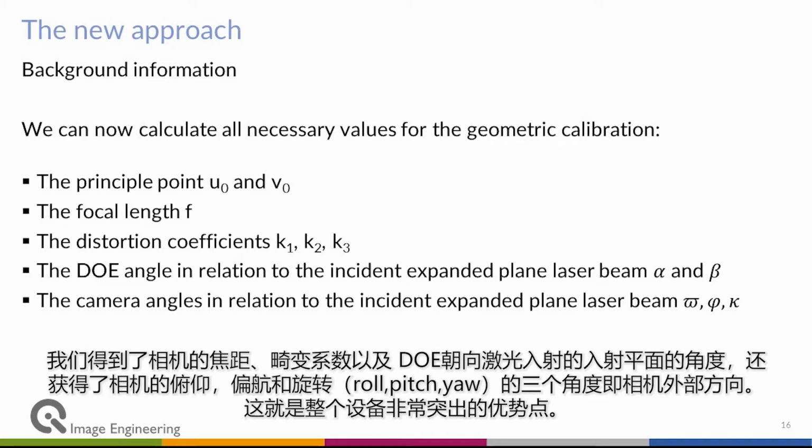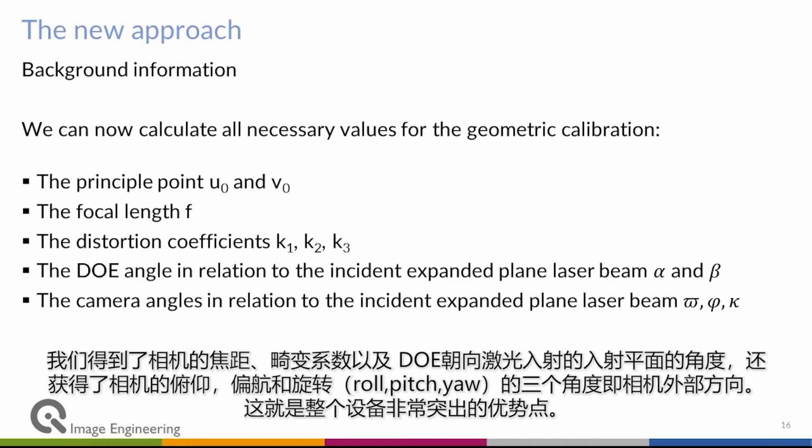We get the focal lengths of our camera, we get the distortion coefficients, we get the angles alpha and beta of the orientation of the DOE towards the incident plane wave coming from the laser, and we also get the three angles pitch, yaw, and roll of our camera.